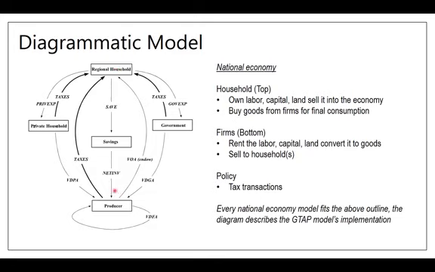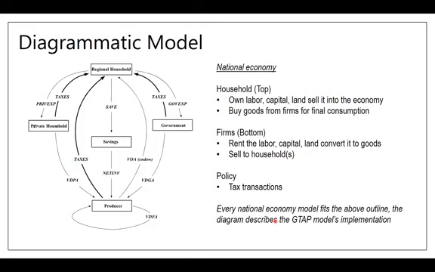And so you end up with this two-way thing. We're going to make this the technology of the world, the firm, and it's going to buy those resources from the household, do the conversion, and sell back as final consumption goods. And then, of course, taxes, right? So you have a sort of policy.